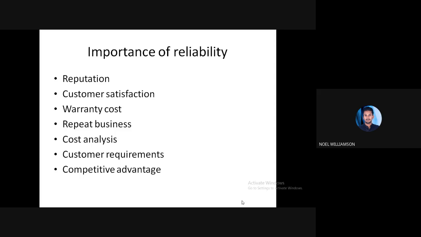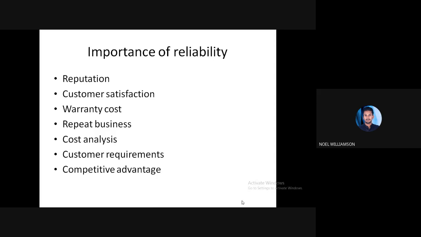That means the customer will have a tendency to give the order again to the same firm or company. In the other way, if it is not reliable, then he may switch over to other companies for the same product, and they will lose their business. So this is repeat business.